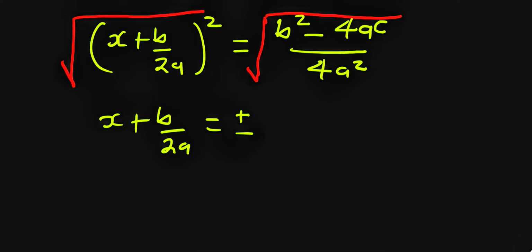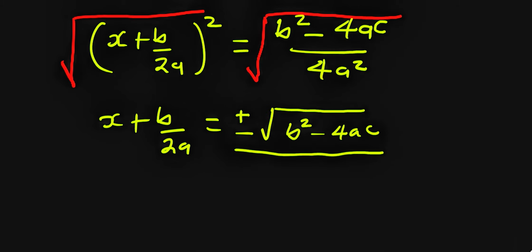Now look at this. The numerator, you cannot get the square root of that. So just maintain the root sign in the numerator. That is the root of b squared minus 4ac. But then you can get the square root of the denominator because the square root of 4 is 2 and the square root of a squared is just a.